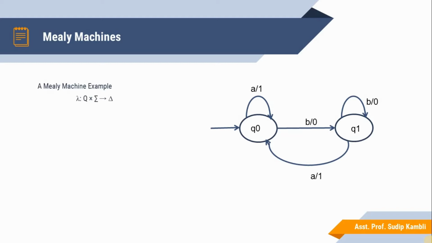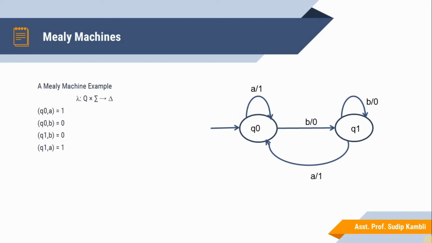So lambda is Q × sigma derives delta, where Q is the set of states, sigma is the input alphabet, and it derives the output alphabet. So q0 scanning a gives output 1. Similarly q0 scanning b gives output 0. Similarly q1 scanning b gives output 0.